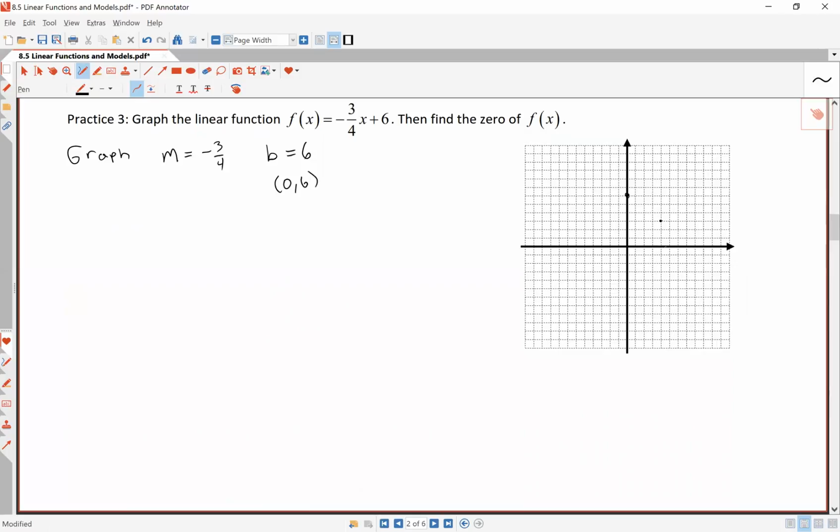Or we can rise positive 3 and run negative 4. And there's the graph.